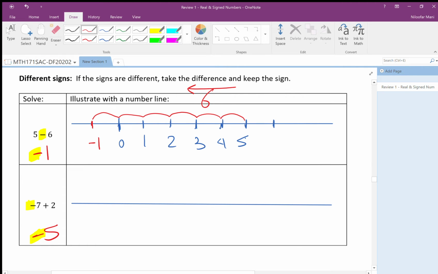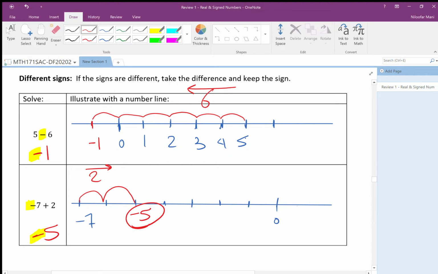Again, I find -7. So it is -1, -2, -3, -4, -5, -6, -7. I do -7 and I do 2 to the right because it's +2. So the destination is my answer.